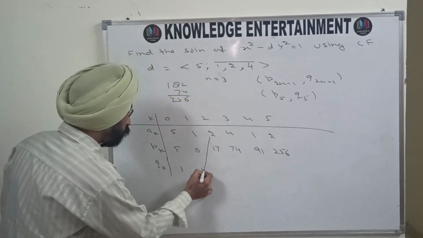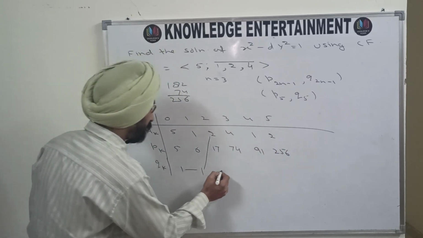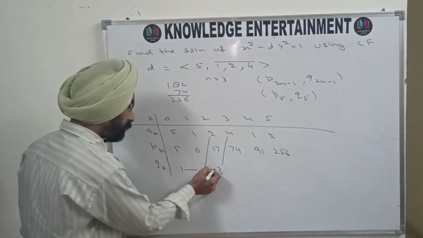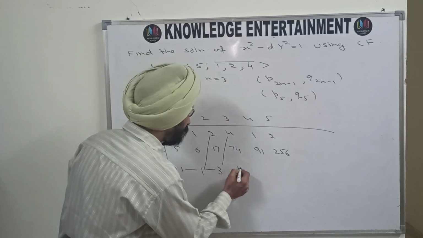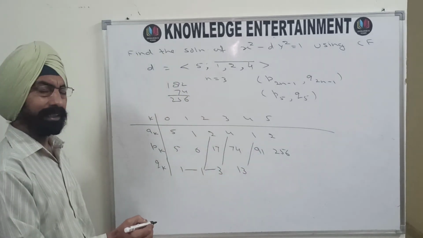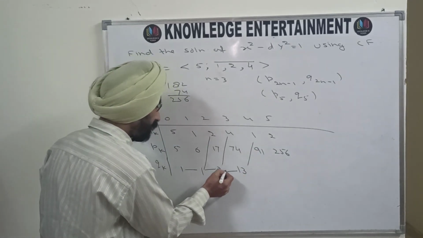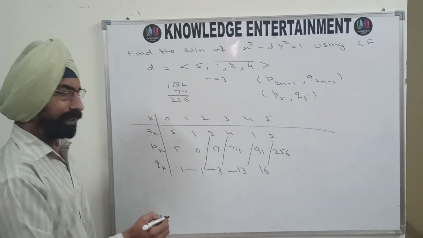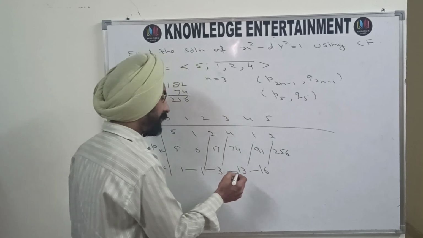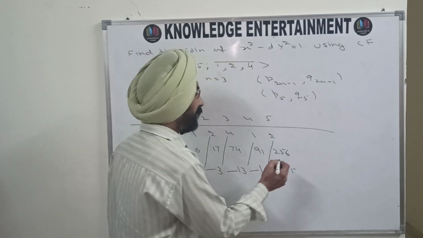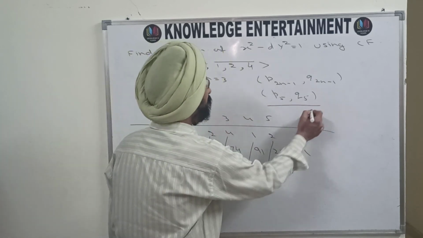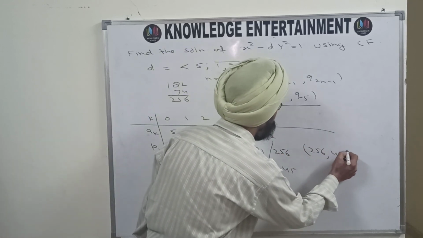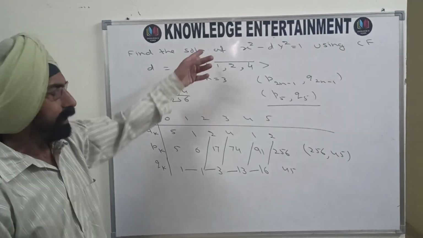It will be 2 into 1, 2 plus 1, it is 3. 4 into 3, 12 plus 1 is 13. 1 into 13 is 13 plus 3 is 16. 2 into 16 is 32 plus 13 is 45, and your solution is P5, Q5, so it is 256, 45. So this is the solution of this Pell's equation.